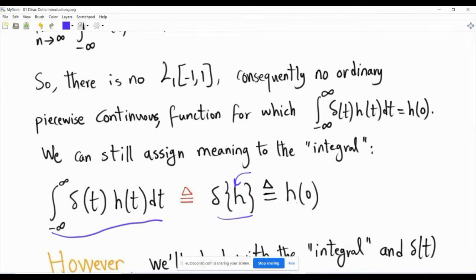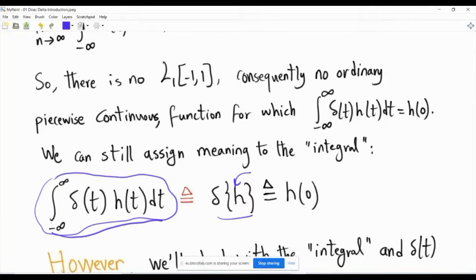But in engineering, we will actually take things further. We will take this integration seriously, as if delta t is actually a function, which it is not. So this will be the way that we deal with the Dirac delta in this course.